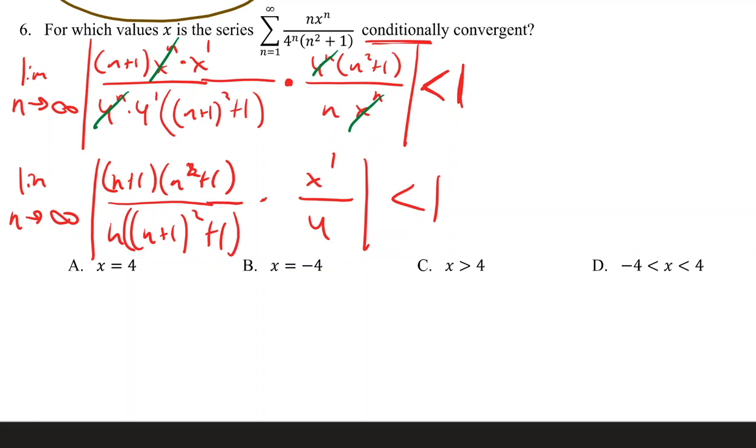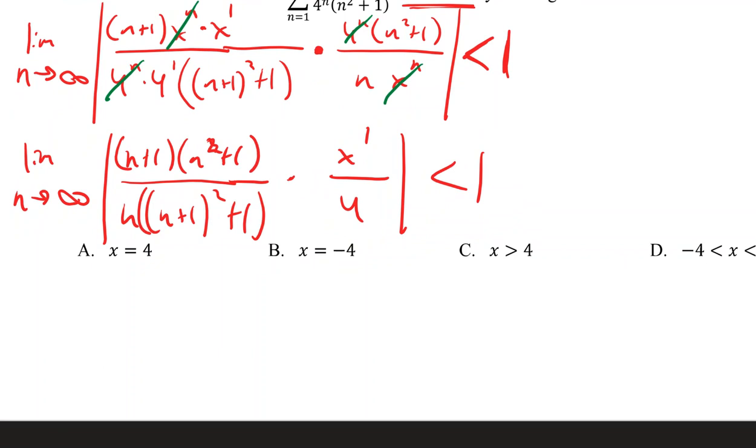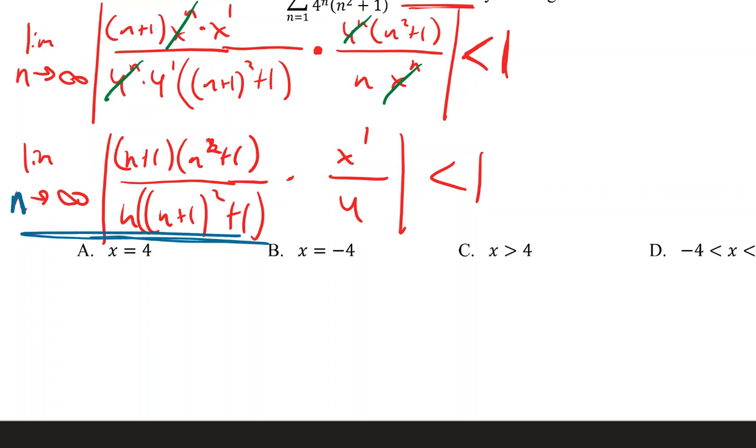Okay, and the reason I suggest doing that is because the limit is only as n goes to infinity. The limit has nothing to do with x values. So if you put all the n stuff up front, you can just focus on this limit, and 9 times out of 10, the limit's going to go to 1, because that makes the rest of the question work out kind of interesting. So I don't want to multiply this stuff together, but if I did, I can see the numerator would be degree 3, and this n distributed to what this would be n squared.